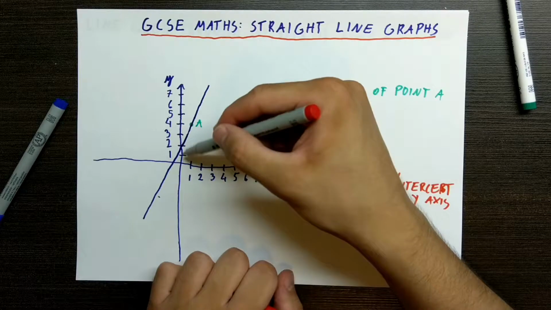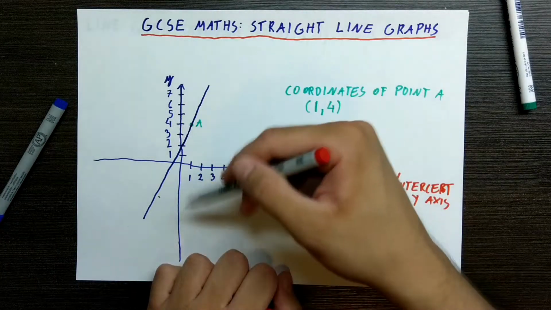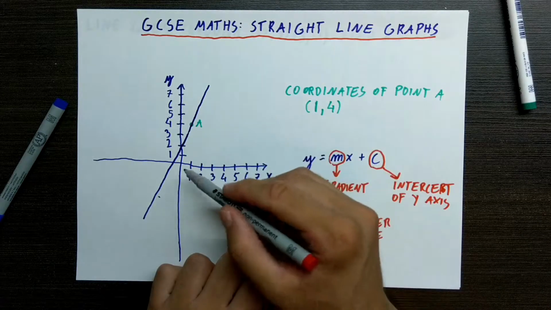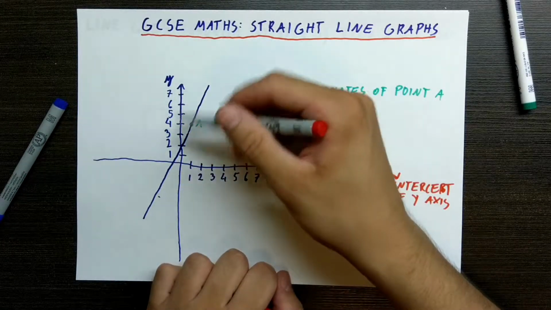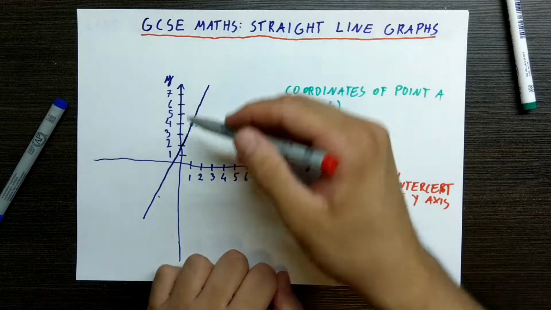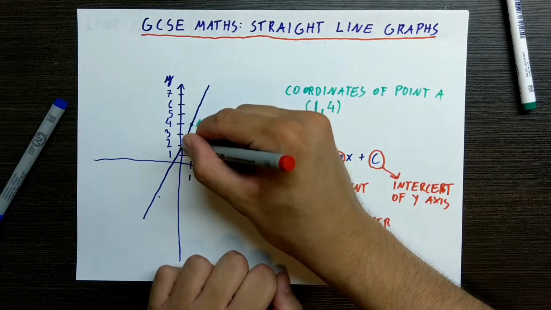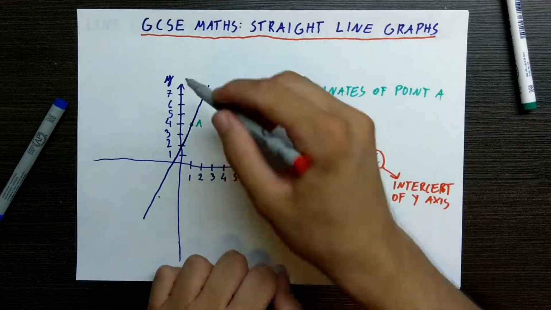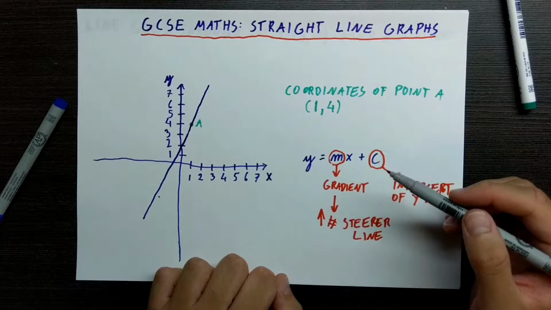It means the point anywhere along the y-axis where the line crosses. In other words, the point where x is 0, where the y-axis is and where the line crosses it. So in this case, it would be right here, because this line crosses the y-axis right here.